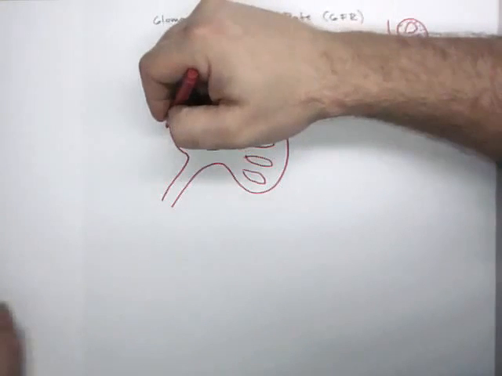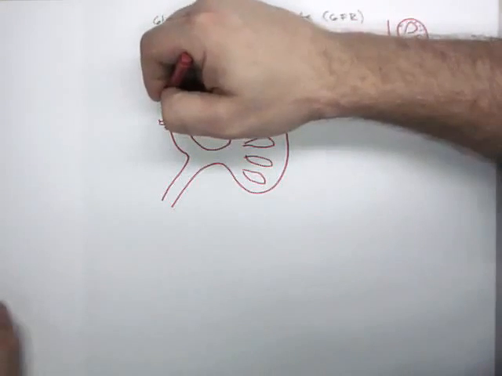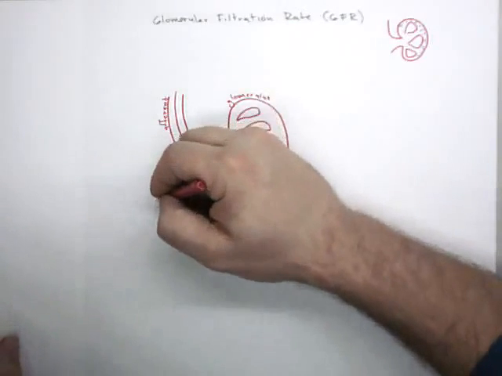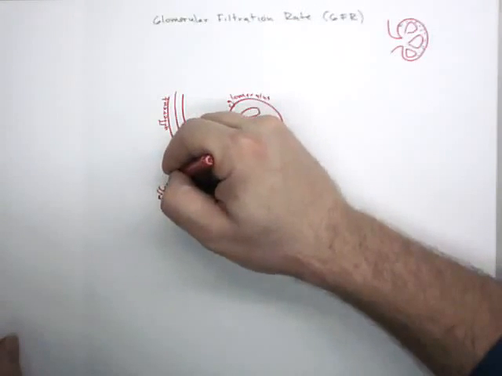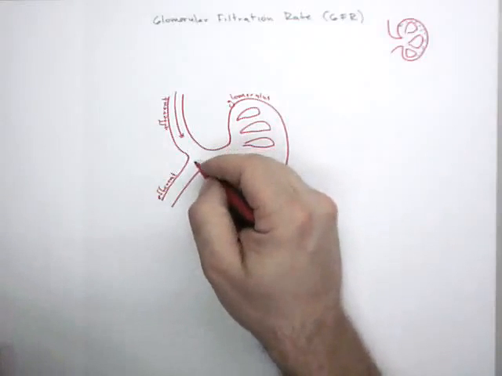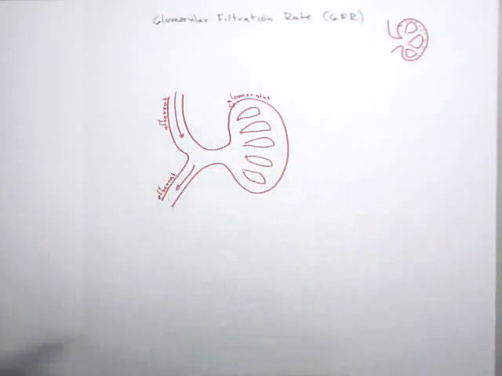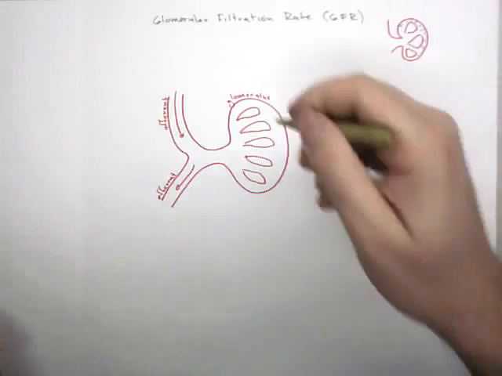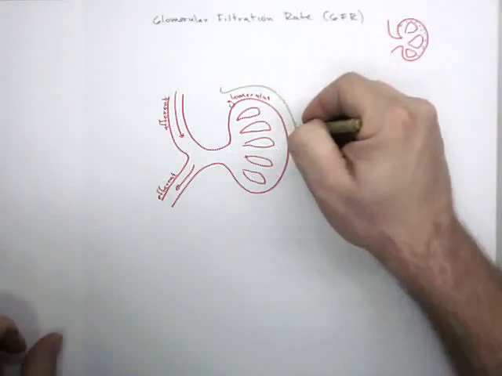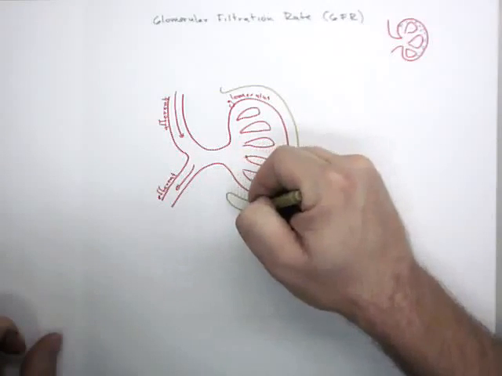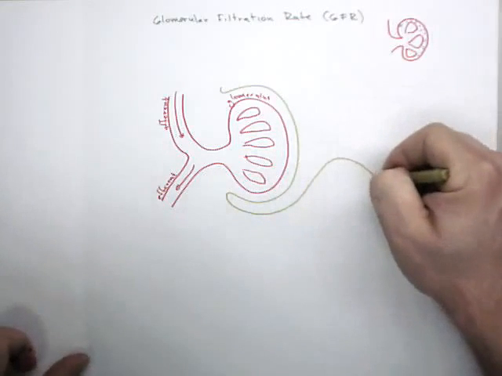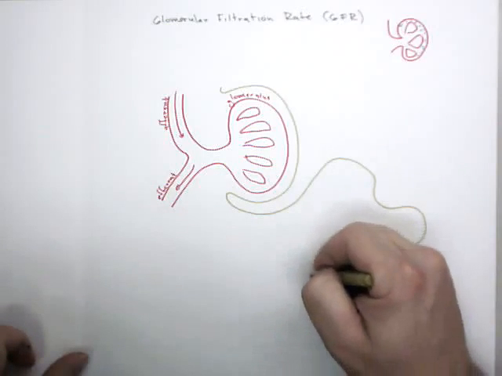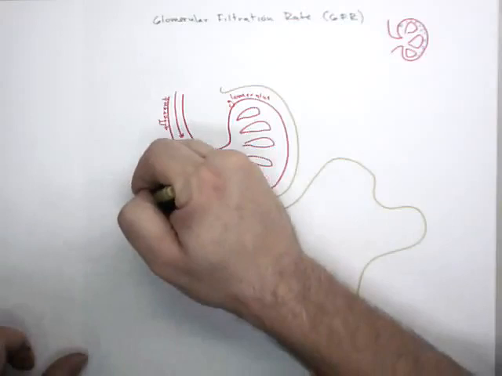Some other anatomy we would care about is this is called the afferent arteriole. And this is going to bring blood in. Something called the efferent arteriole, I'm just going to shorten it to efferent, and this is going to allow blood to escape. Another thing that's fairly important is something called Bowman's capsule. Bowman's capsule is going to wind its way around in what's called the proximal convoluted tubule.